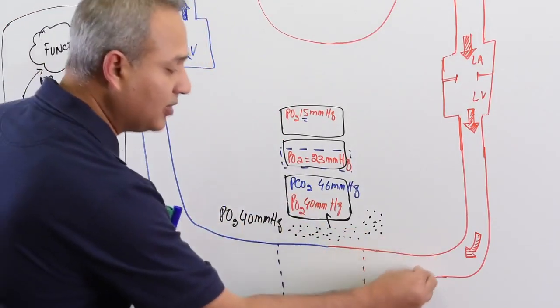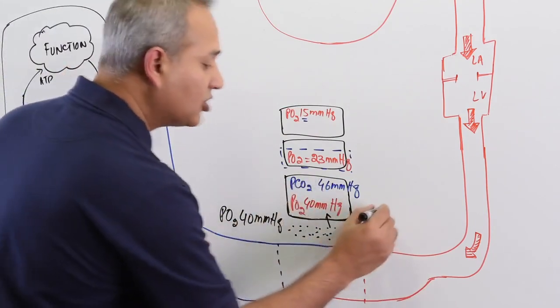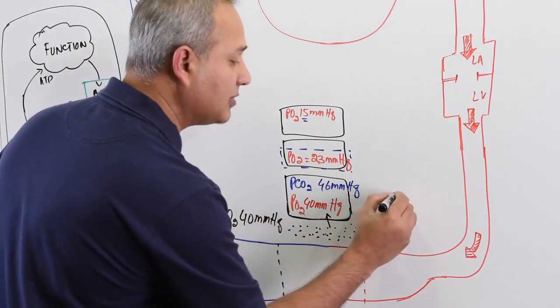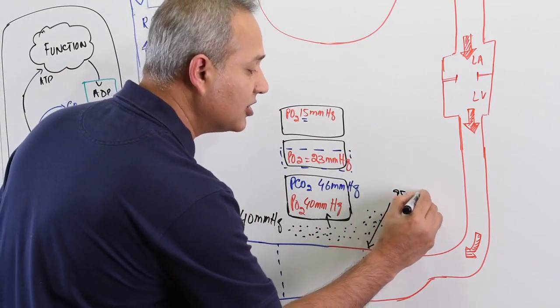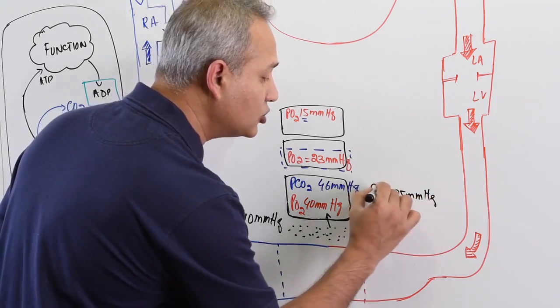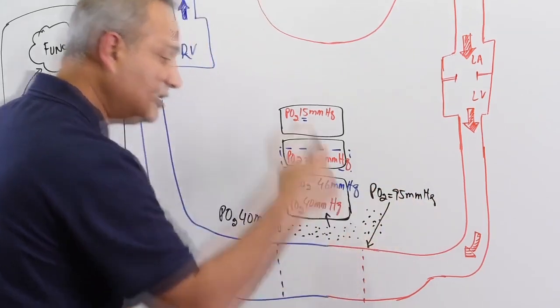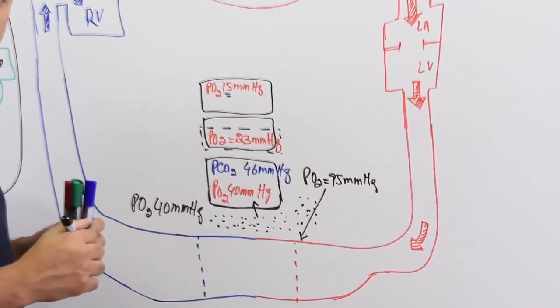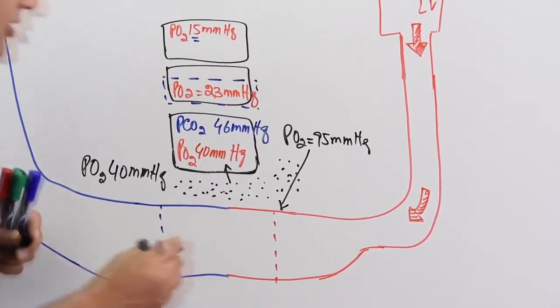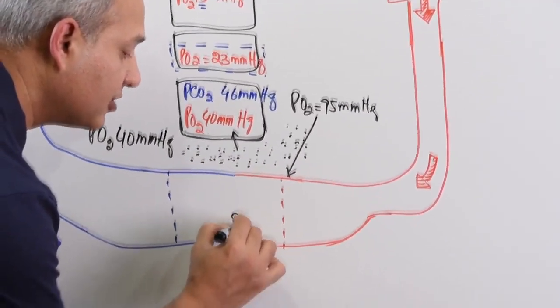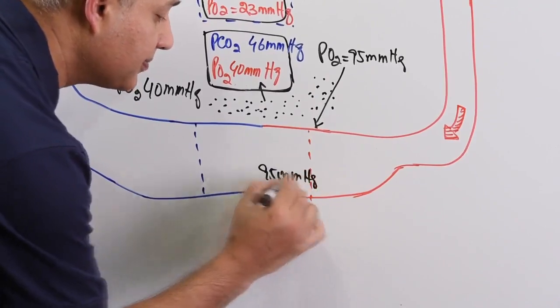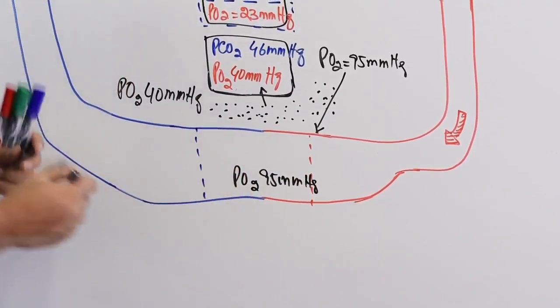In the beginning, when the blood enters the capillary, the oxygen pressure normally is about 95 millimeter of mercury. That is a PO2 at the entry of the capillary in the blood.